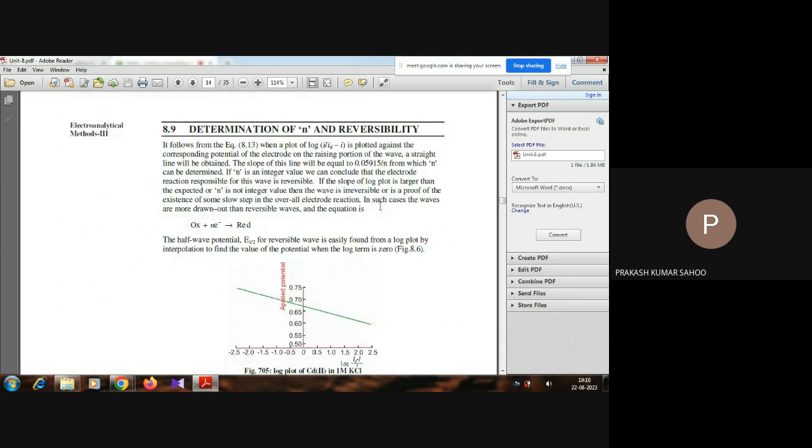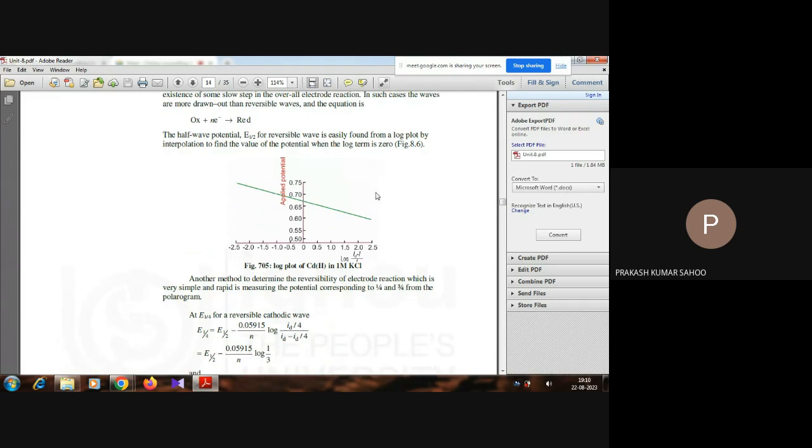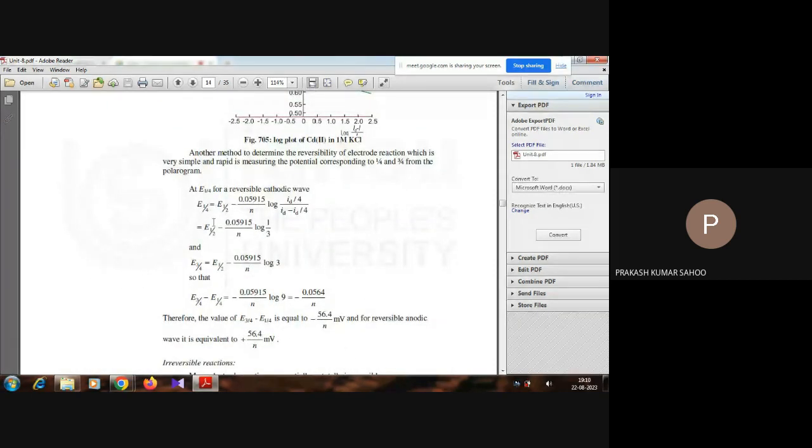So determination of n, meaning the number of electrons transferred or exchanged, and how the reversibility of a reaction happens, and this is the reaction. Then we have at E1 by 4, that means half wave again becomes half. This is E1 by 4 for reversible cathodic wave.